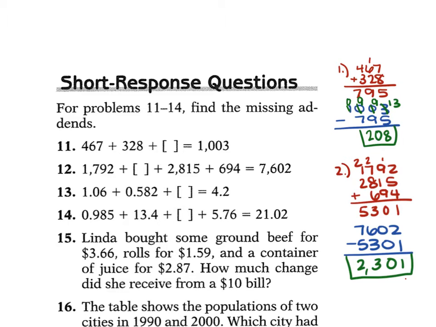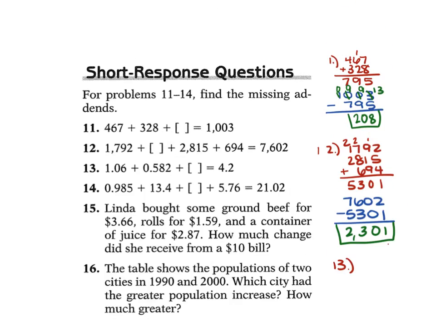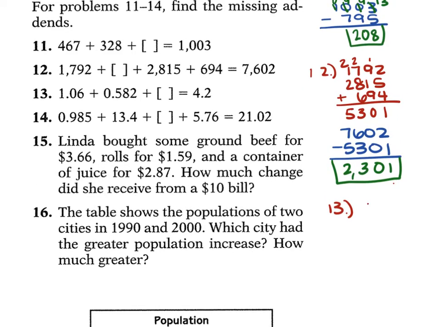For 13, we have 1.06 plus 0.582 plus something is equal to 4.2. So we are going to do the 1.06 plus the 0.582.